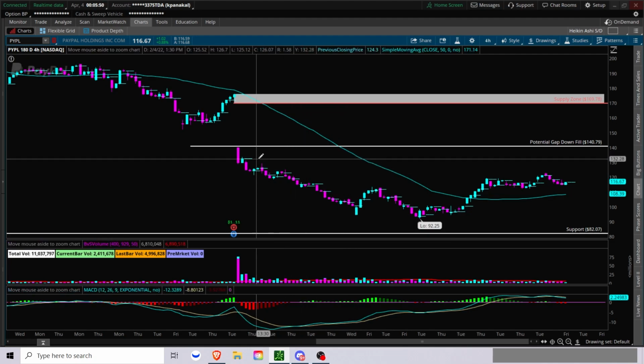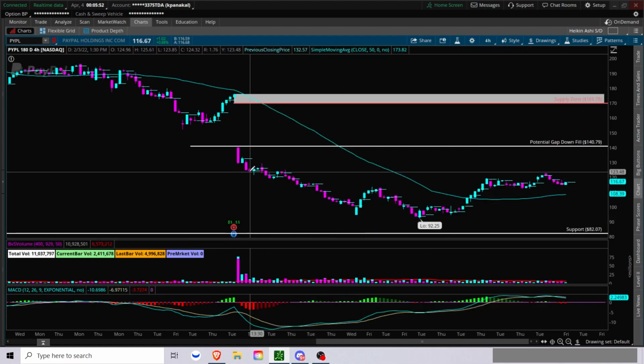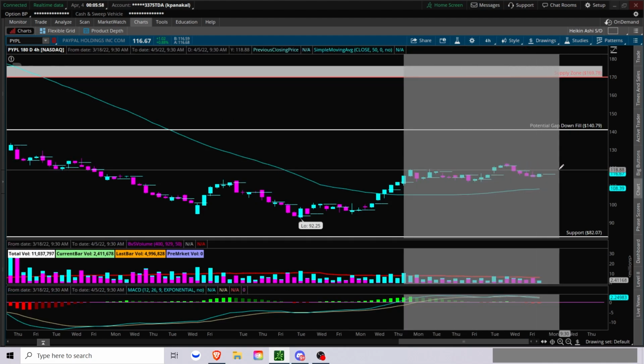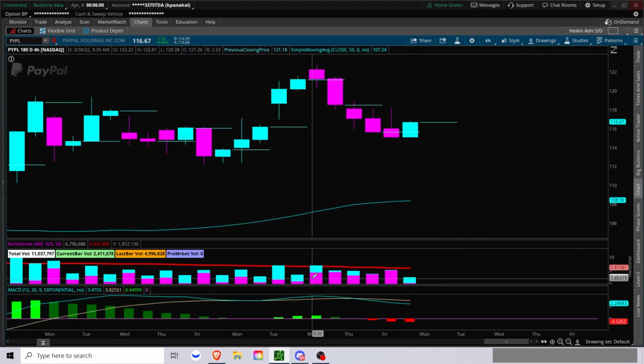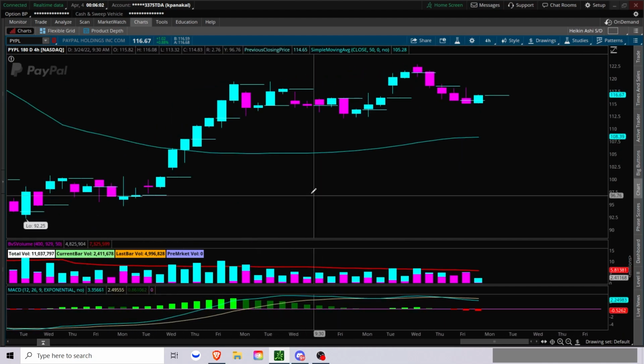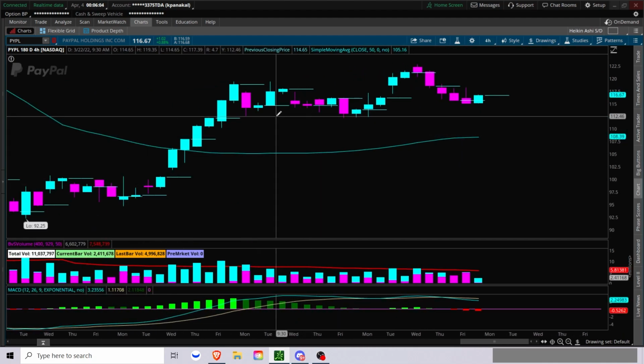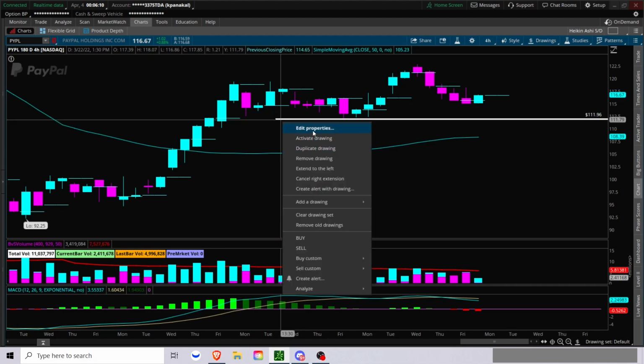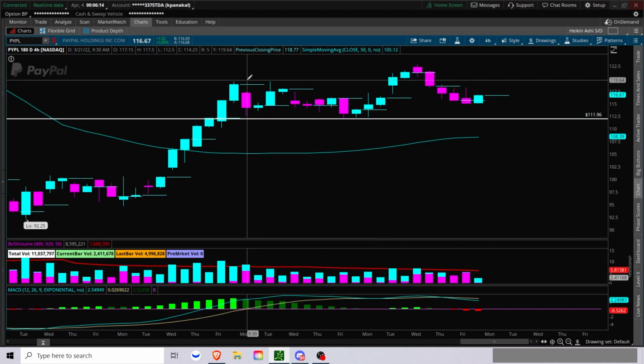let's see where some resistance is and some support. So support, it's kind of like Netflix right now, where it's trading within a range. So let's just extend this to the left.